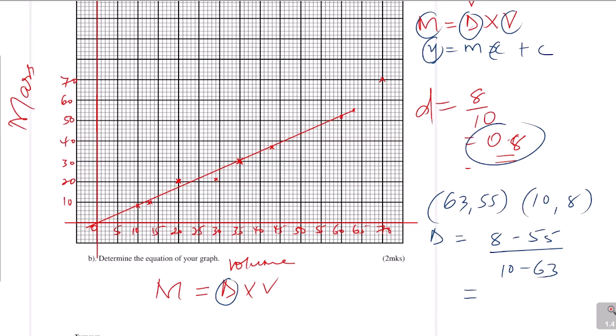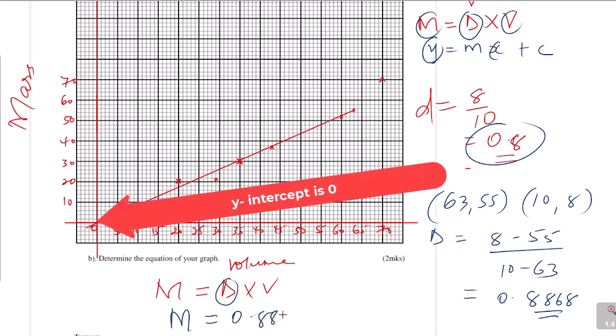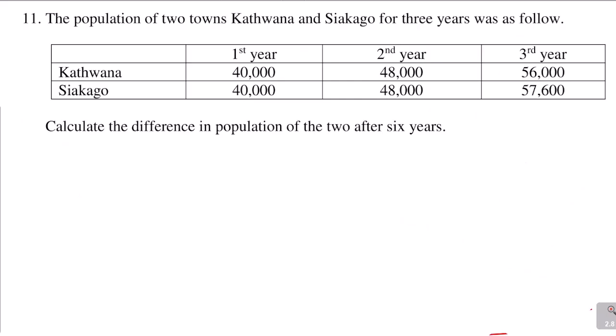Still getting something close to that. This will give 0.8868. So when you're giving the equation, you can give it as m equals 0.8868 multiplied by v.